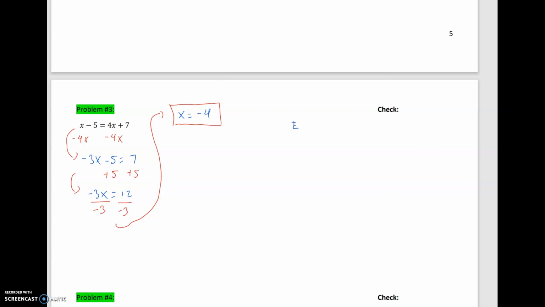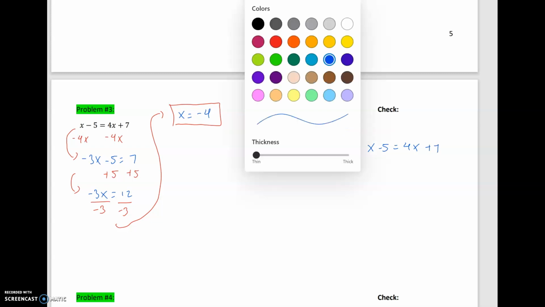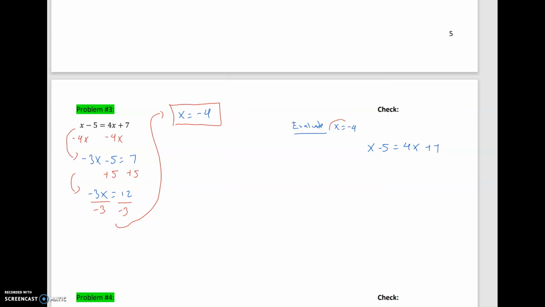So we're going to have to evaluate x is equal to negative 4 into -3x minus 5 is equal to 4x plus 7. We have to be a little bit careful here because the negative 4 is going to be evaluated on both sides of the equation. So we're going to end up with negative 4 minus 5 is equal to 4 times negative 4 plus the 7.